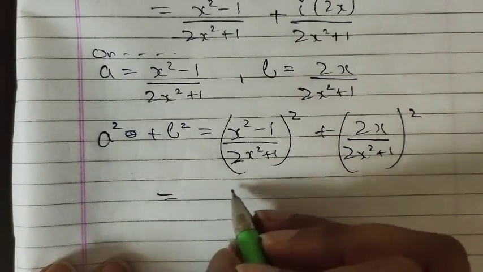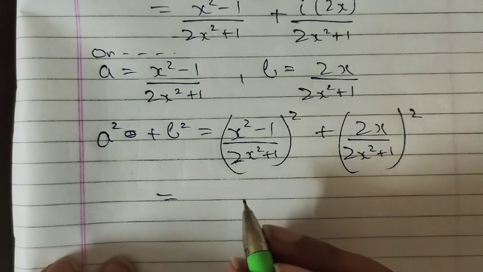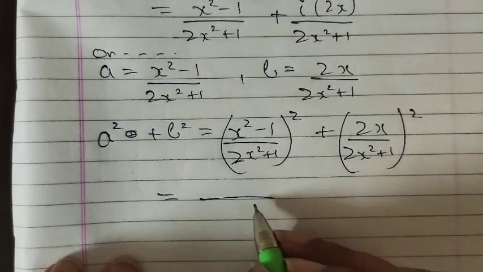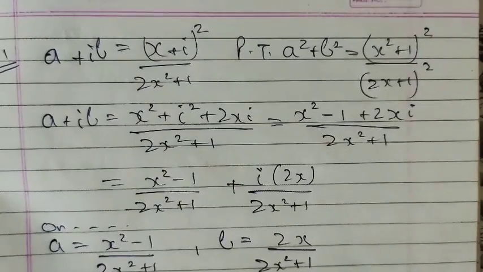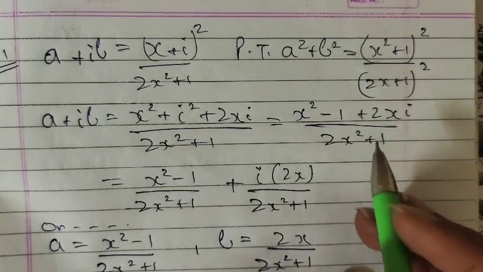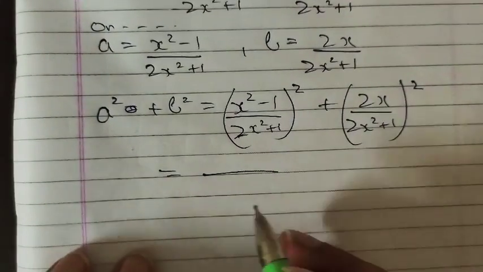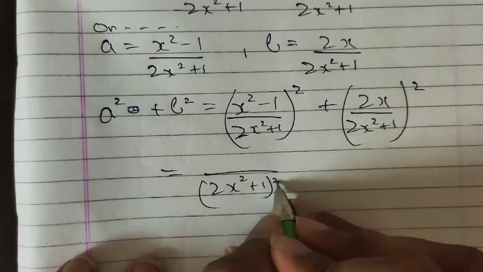Okay, here is one correction in the question. It is 2x square plus 1, right? So taking this 2x square plus 1 common, or LCM, whole square LCM.